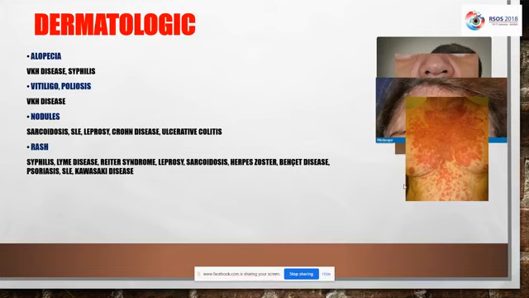if the patient has history of Mycobacterium leprae infection, if the patient has history of sarcoidosis with granulomatous inflammation involving the lungs and other tissues.